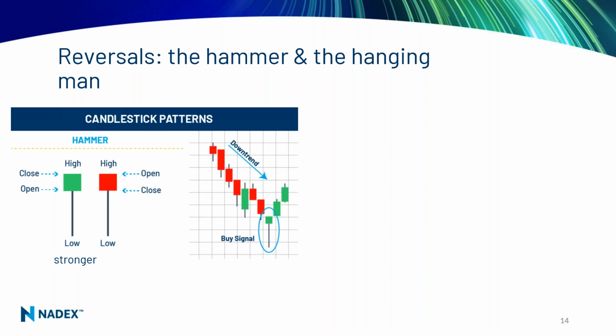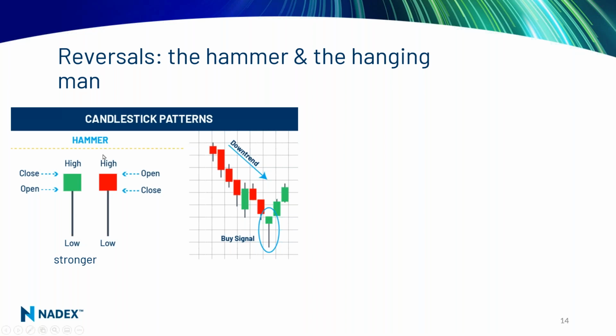They've hammered it as low as they can hammer it. The way a hammer works is it opens, and this is why a green hammer is stronger, and they push it down. They get this long wick down below, and the sellers run out of steam.